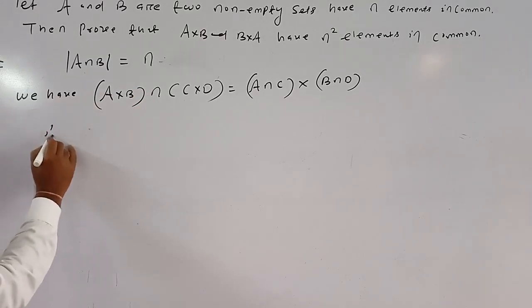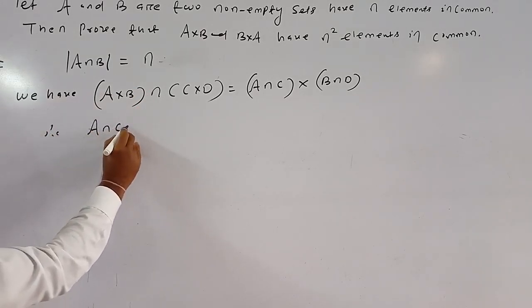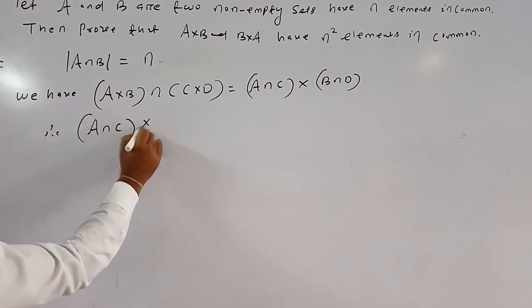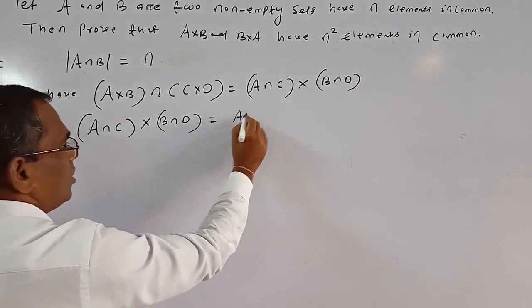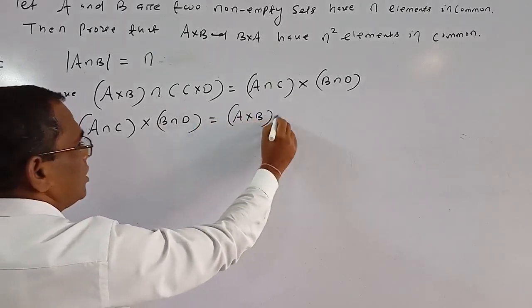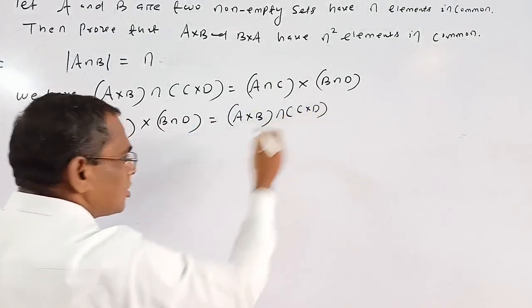That is, (A ∩ C) × (B ∩ D) is equal to (A × B) ∩ (C × D).